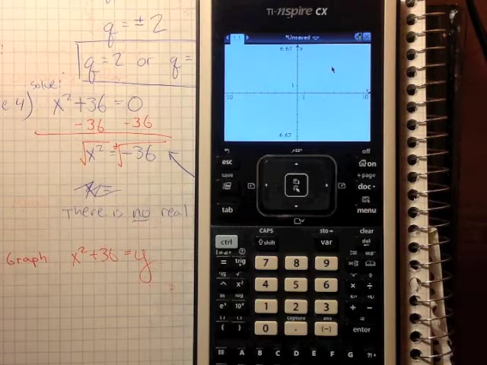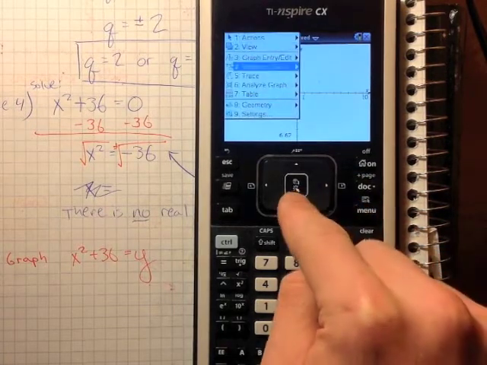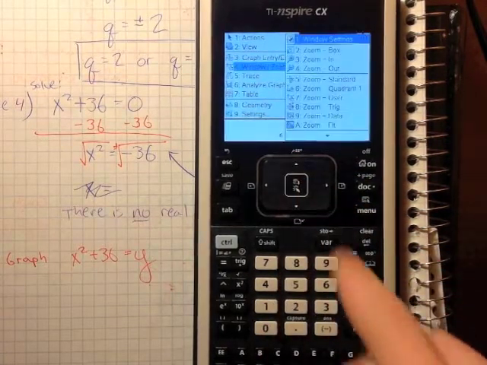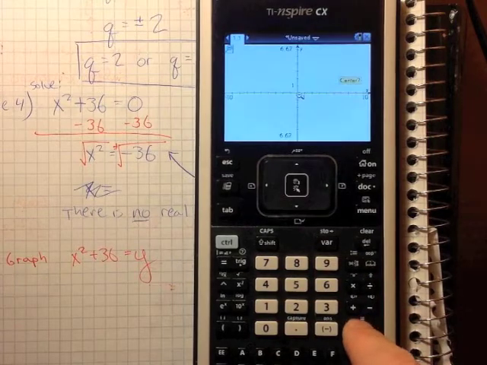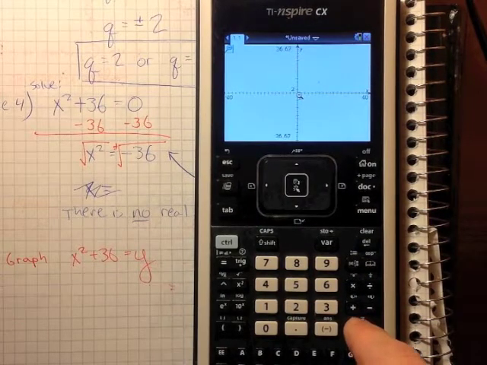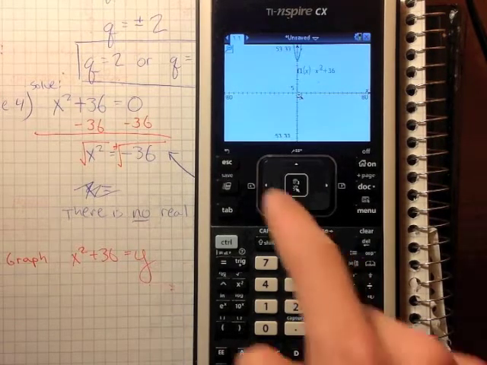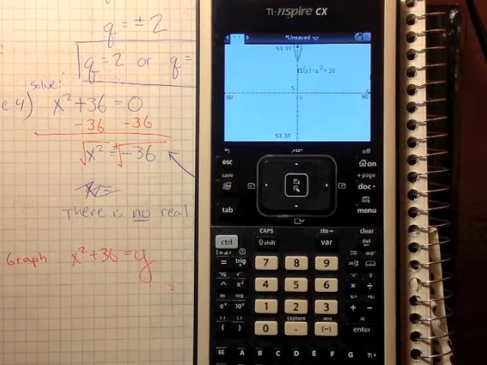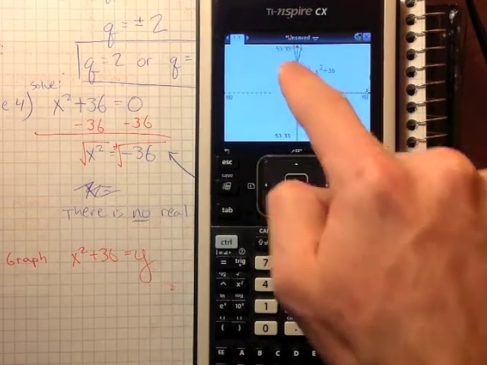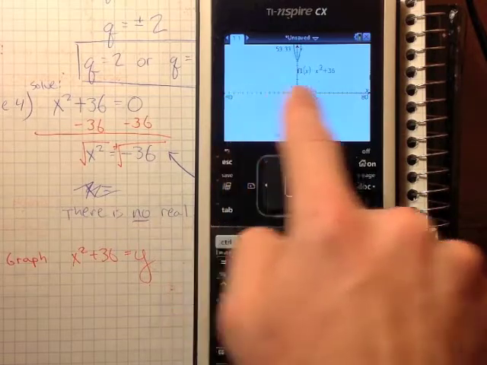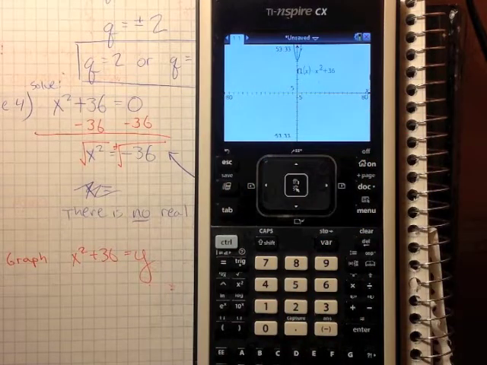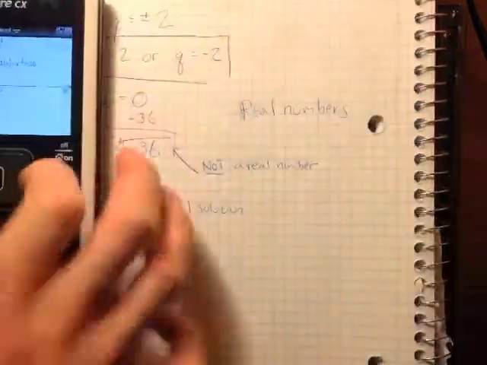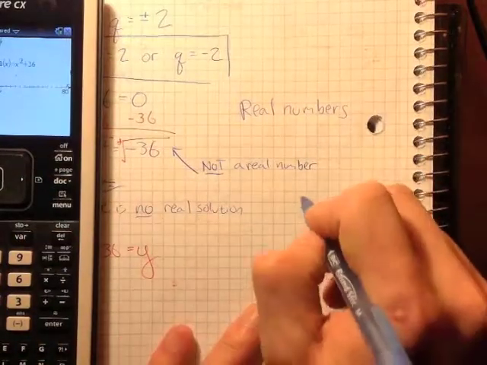That's not a big deal. Let's try to zoom out. See if we can see the graph. If we zoom out a couple times. There it is. Okay? So the graph is up there. The fact that we couldn't see it originally is not a big deal. But think about this. Does that graph ever intersect the x-axis? It turns out that it does not. The graph kind of looks like this.